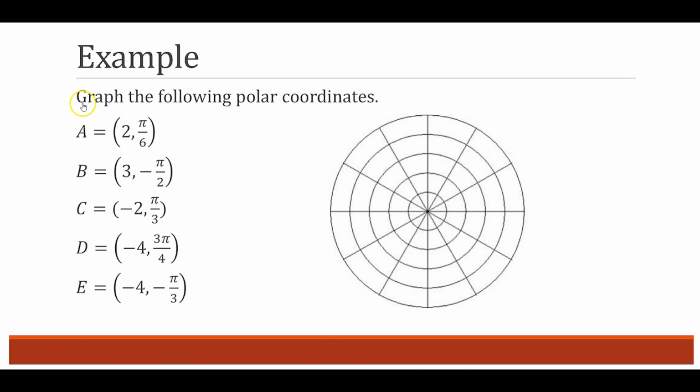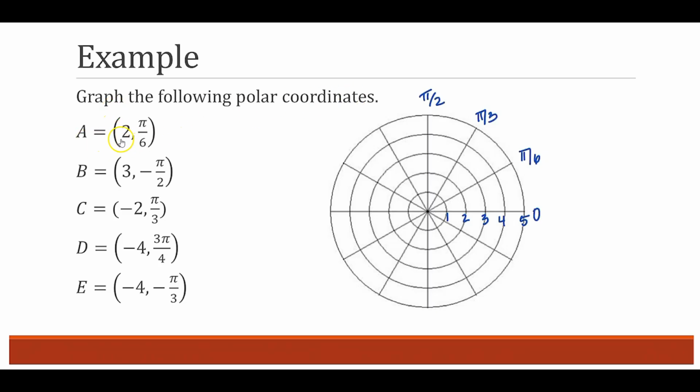In this example, we're going to continue to graph some polar coordinates. Here is our blank polar coordinate system, and I'm going to label the polar axis, and I'm going to label just the angles for now in quadrant 1. So we have 0, pi over 6, pi over 3, and pi over 2. So let's graph the following polar coordinates.